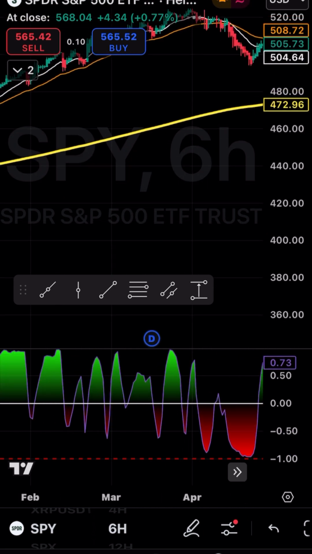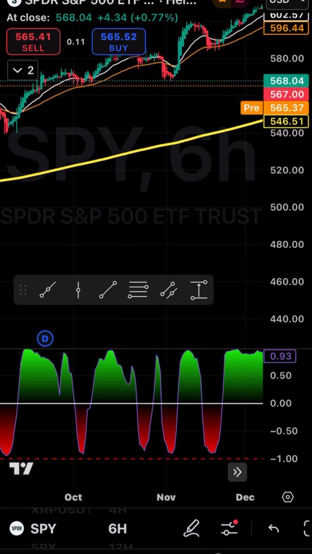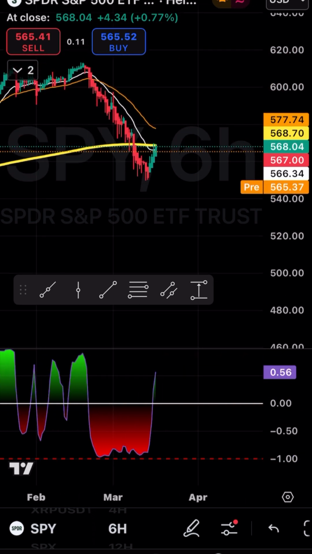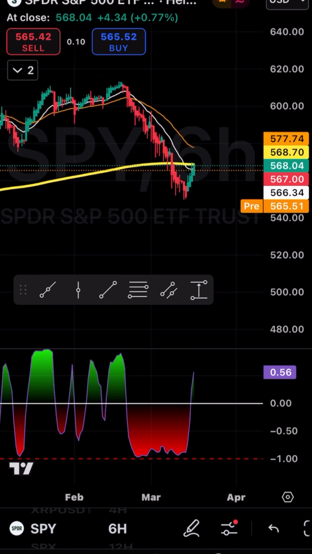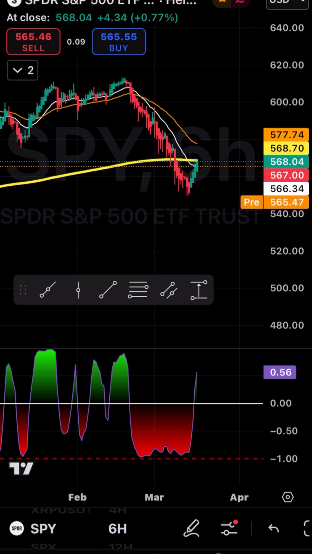So it's good that all three of them are crossing. They don't all three have to cross. Just the 9 and 21 has to cross, and it has to be going in the direction of what the 200 moving average is doing for the best results. So that's the first part of the strategy, is to use the moving averages and get in when they're crossing, basically.